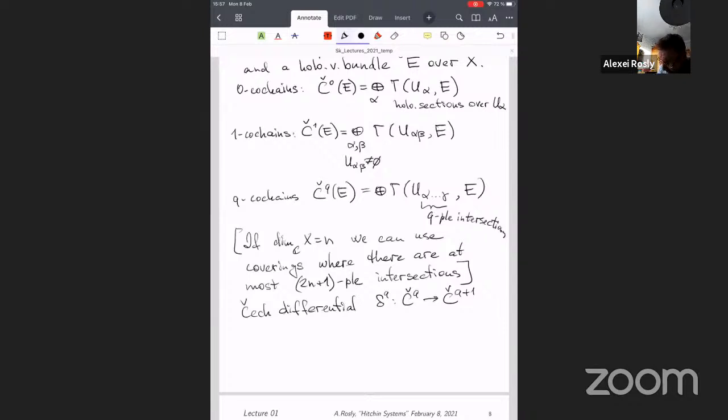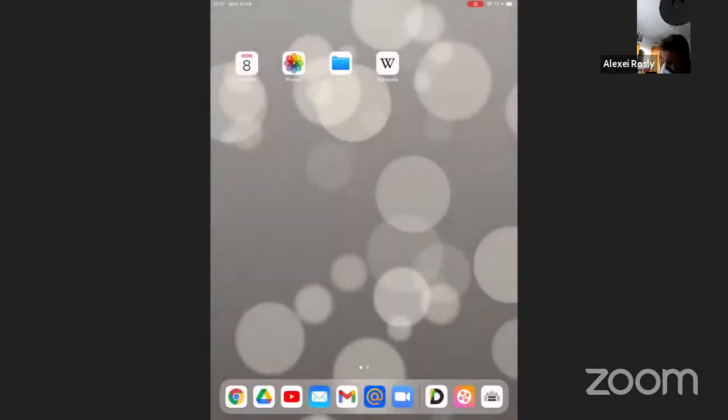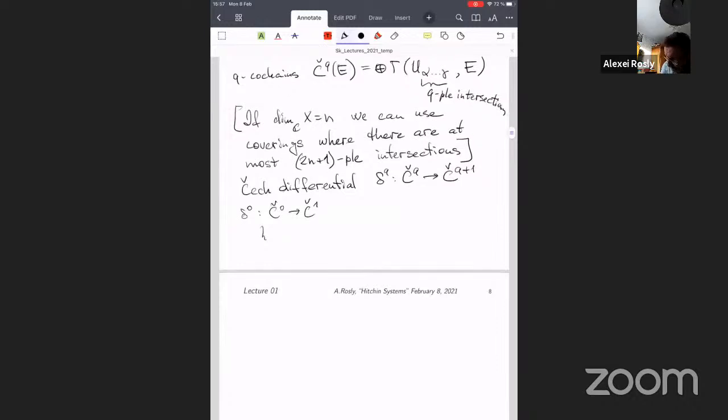And first, let us start from zero chains. So a zero chain is a set phi_alpha, where alpha is the same label as the label of the covering, and I should get something labeled with two labels, by the following formula.